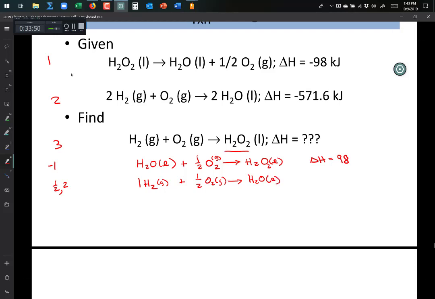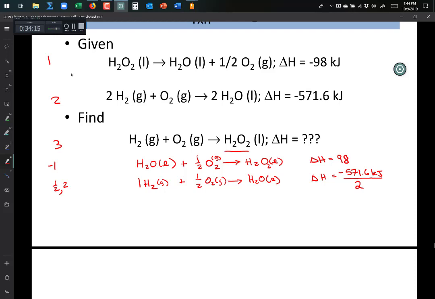And what is that energy going to be, you think? Half. And I don't change the sign because I didn't flip it around. And then I'm going to just divide it by 2. I'll deal with the math later.